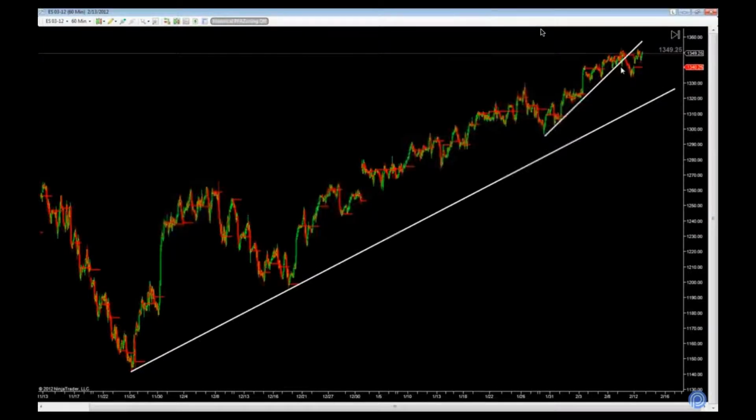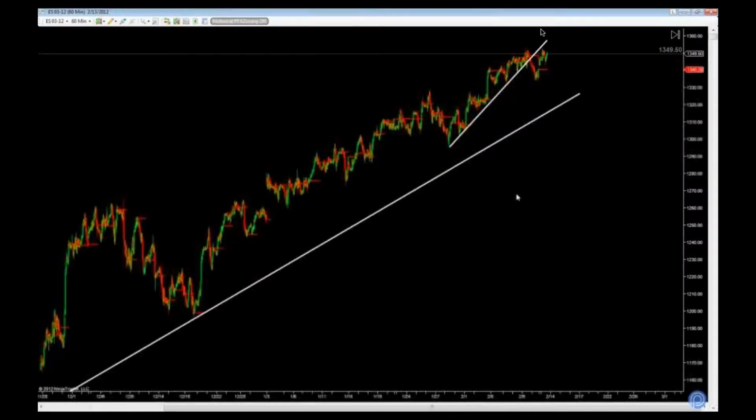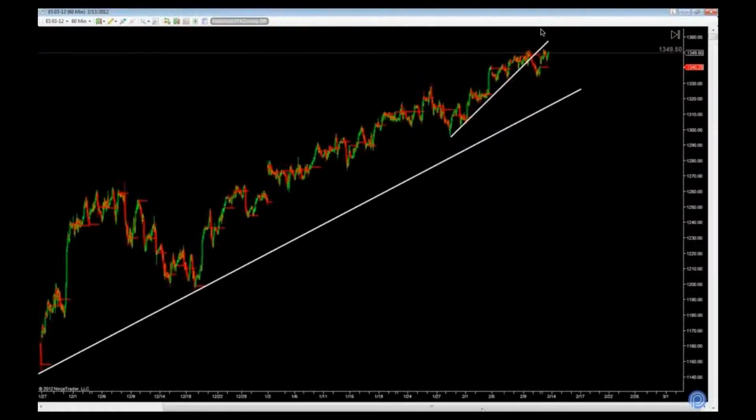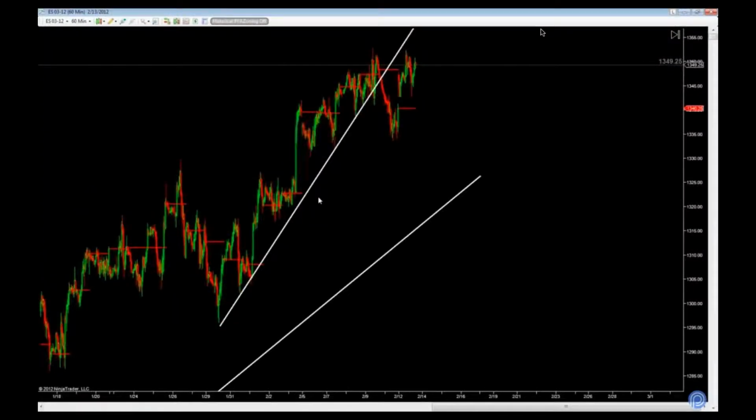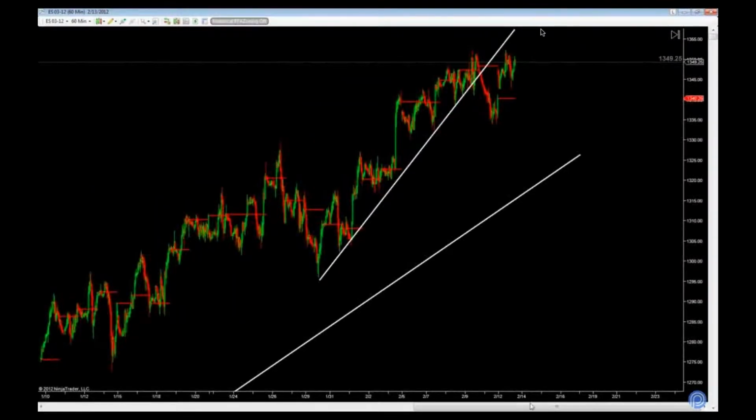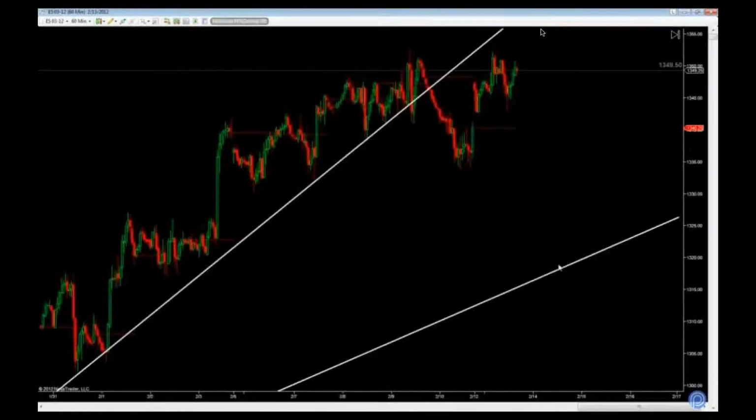So we have a smaller trend here within an overall large trend to the upside, and we can very easily continue a trend up on the larger scale. However, on an intraday basis, if we really analyze this, we can see that we have that subtlety we keep talking about, and our trend is clearly broken.